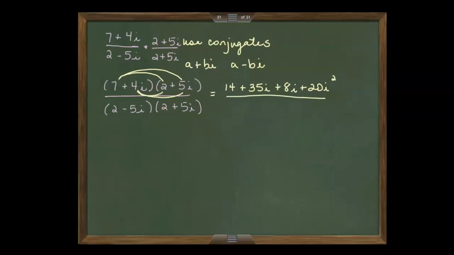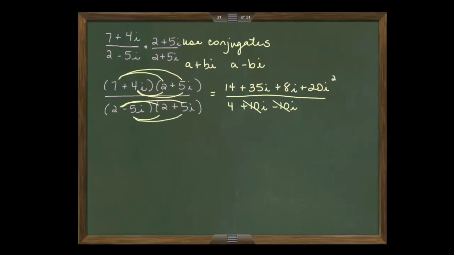Okay, and then in the denominator, we're going to distribute the same way. So 2 times 2 will give us 4. Now we'll notice here when we distribute further that our positive 10i is going to cancel out with the negative 10i in the middle, essentially eliminating that imaginary unit.